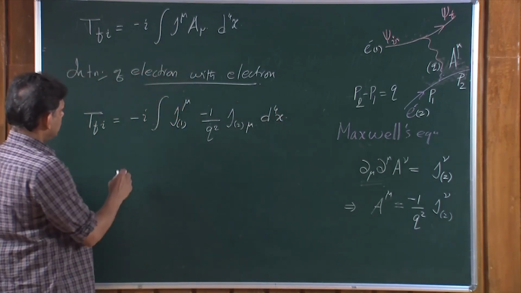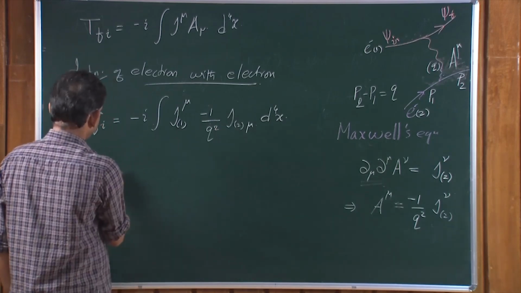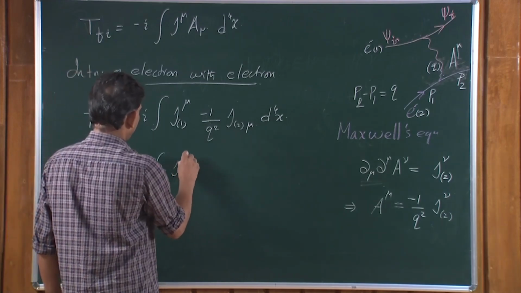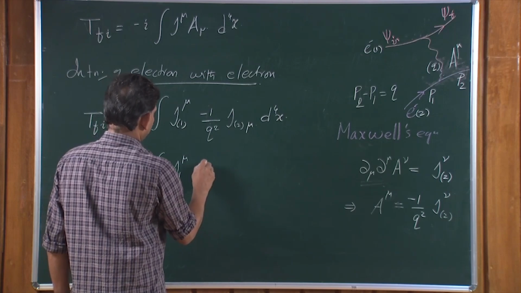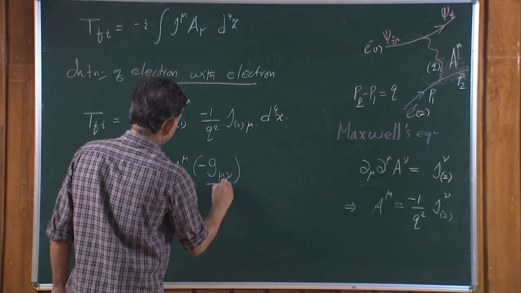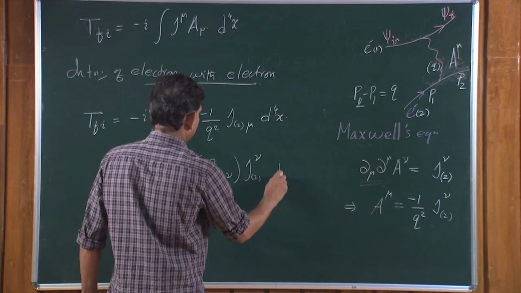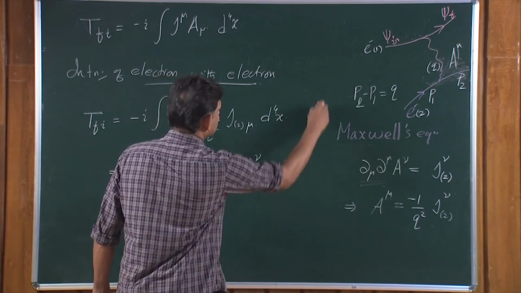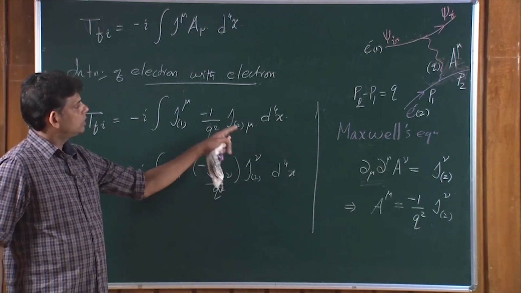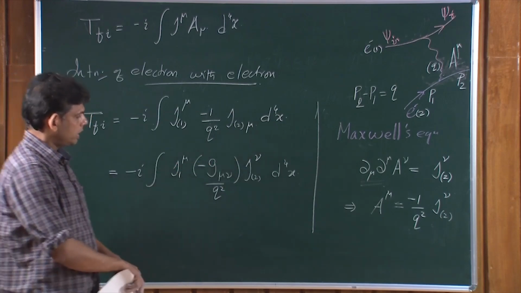Now, this is what we have, or I can write it in a slightly rearranged form, j 1 mu times minus g mu nu over q square and j 2 nu, d 4 x. Nothing subtle that I have done here. I have just written this j mu as g mu nu j nu, that I could always write.